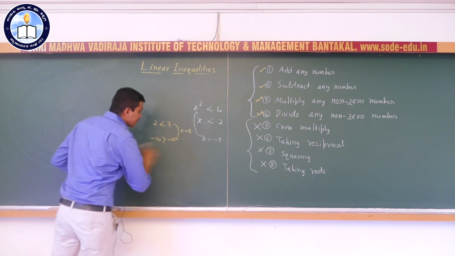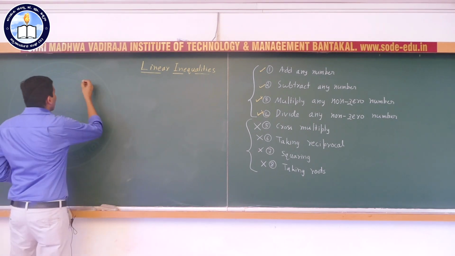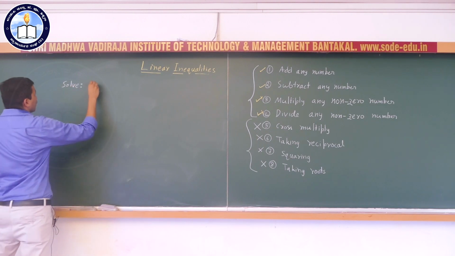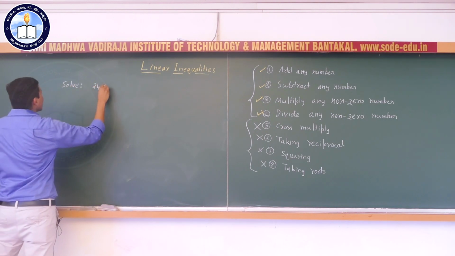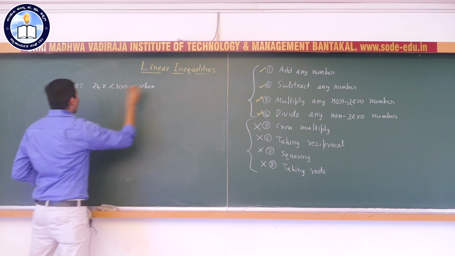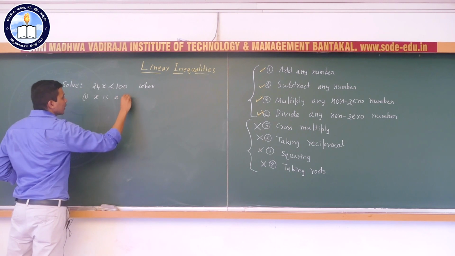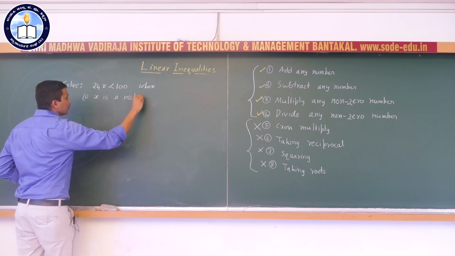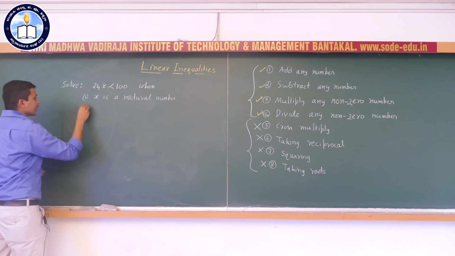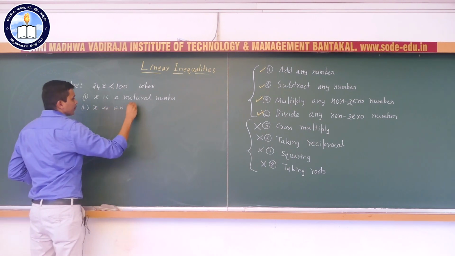Let us take the first question to solve a linear inequality. Write down in your notes: solve 24x is less than 100, when, first case, x is a natural number, and second case, where x is an integer.